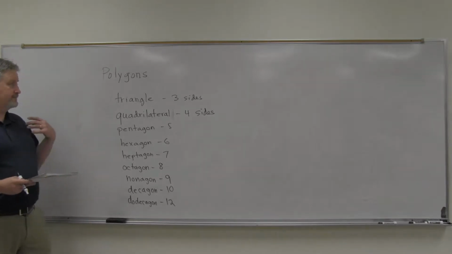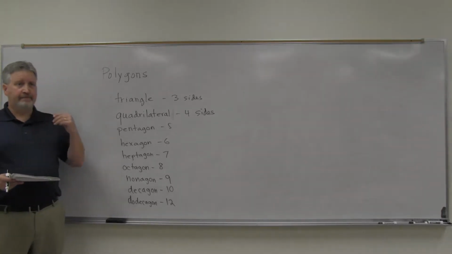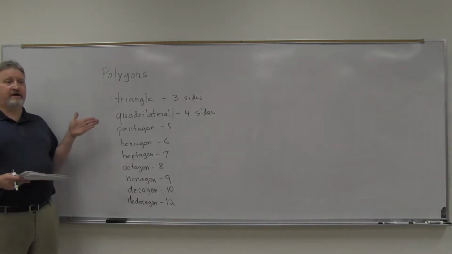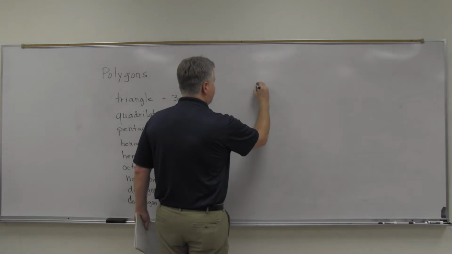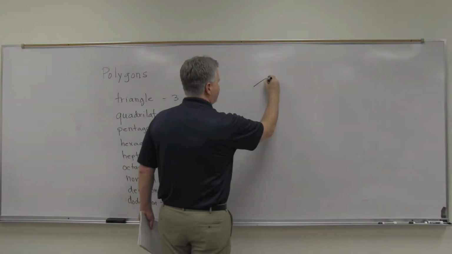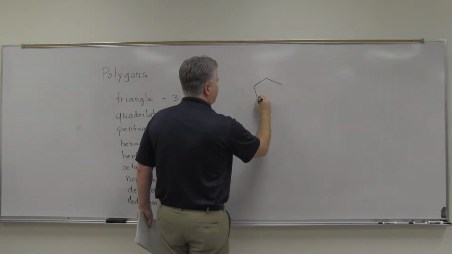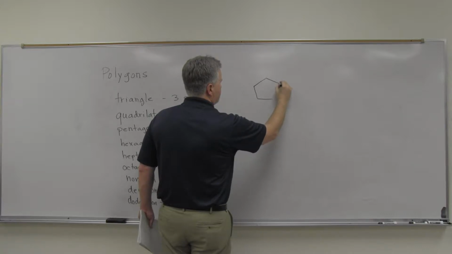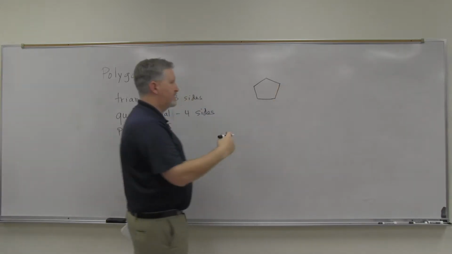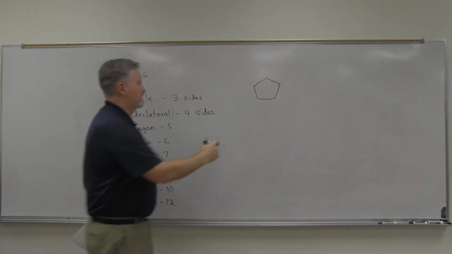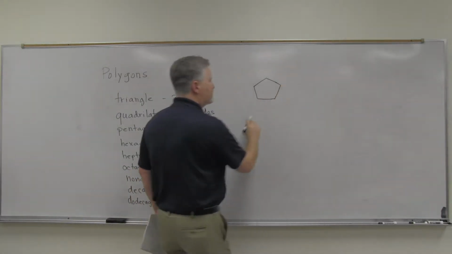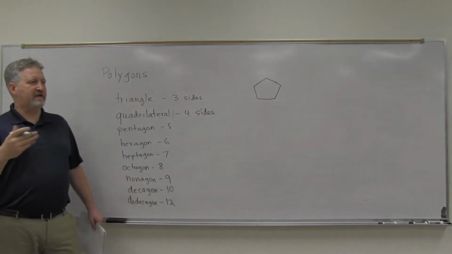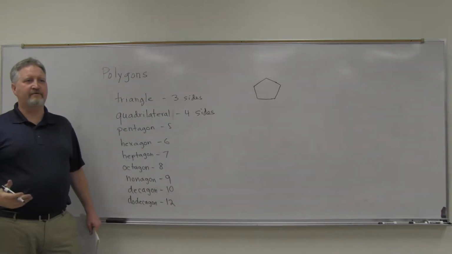Now, let it be said here that usually when we think of a pentagon, we think of the Pentagon in Washington, D.C., I guess. We usually think of the ones that have the same sides all the way around, right?